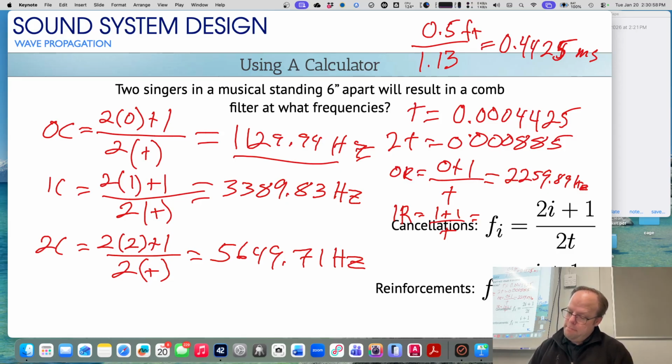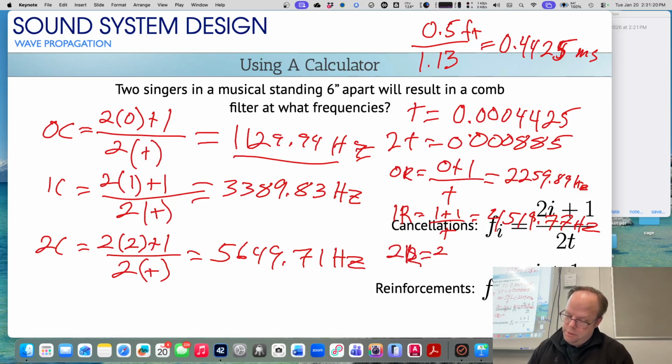I got 4,519.774. Yeah, same. I got a different decimal. That's all right.